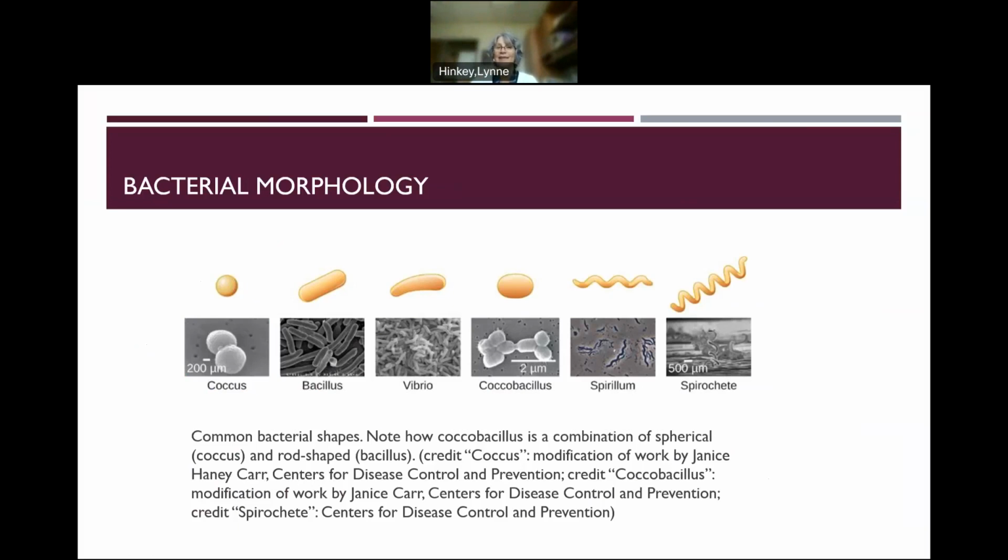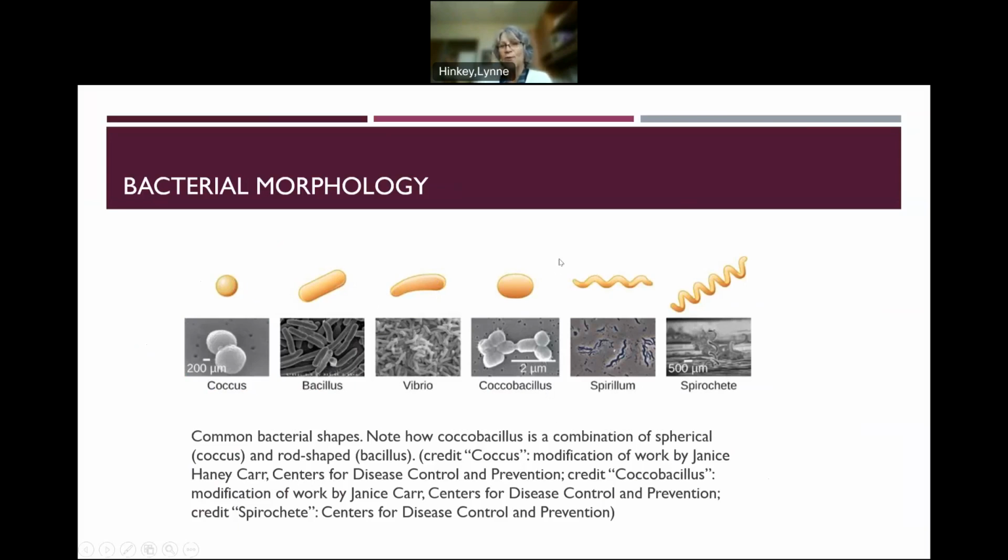Some common morphologies that we'll see a lot in lab and we'll talk about frequently are spherical. Coccus, cocci, plural. Bacillus, which are rod-shaped, or bacilli in the plural. Vibrio are comma-shaped, so comma, slightly curved bacillus.